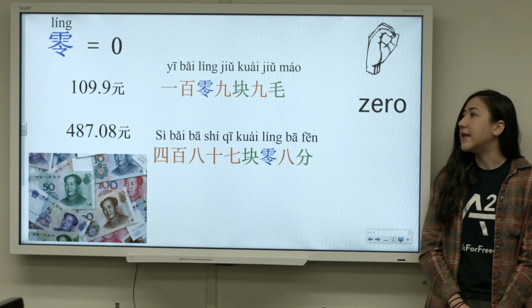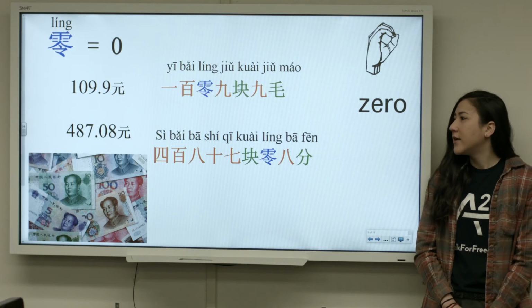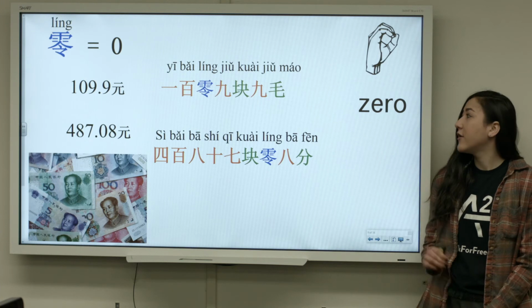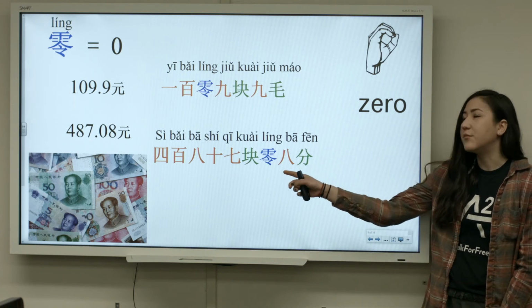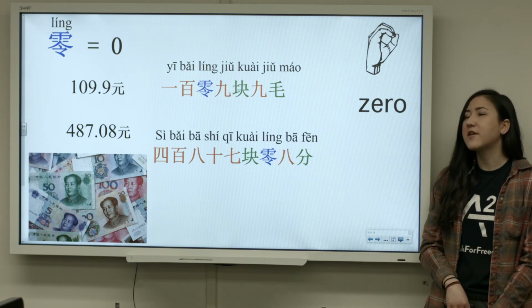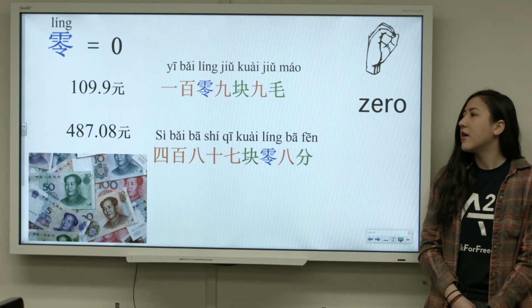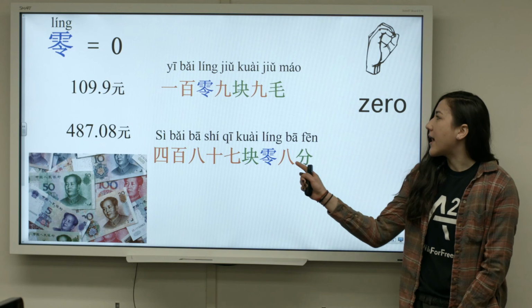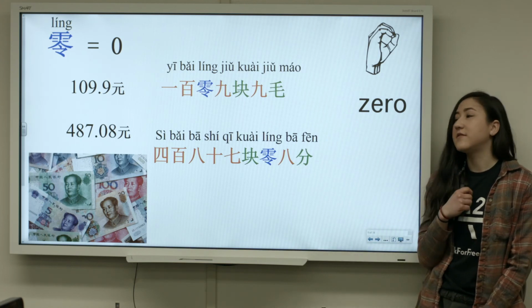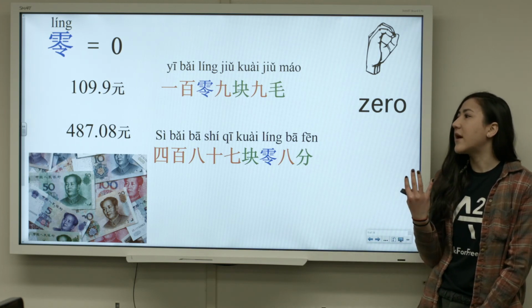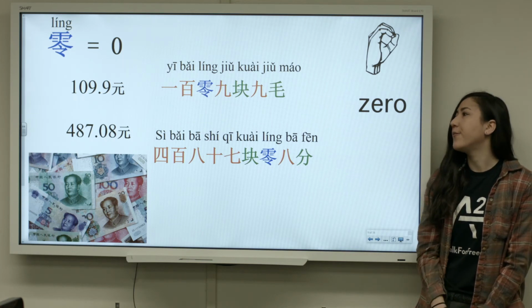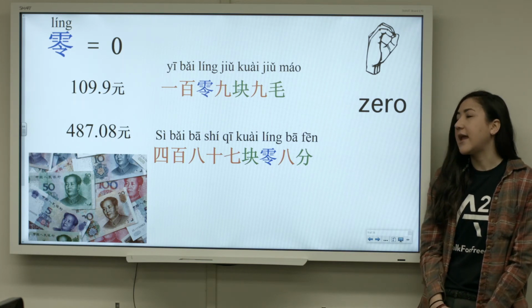So 487块0.08分. So in orange we have a number, in green we have the measure word, and then 0 in blue you have to speak it out. So that's kind of a different thing than English. So in this last example, 487 is the number 487, 0, 0, 8分, 8分.